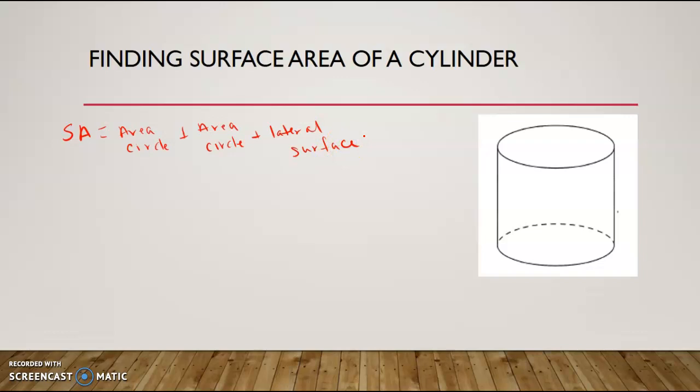That's how we find surface area. Well, the area of a circle is pi r squared.